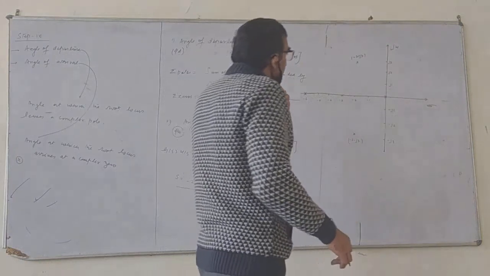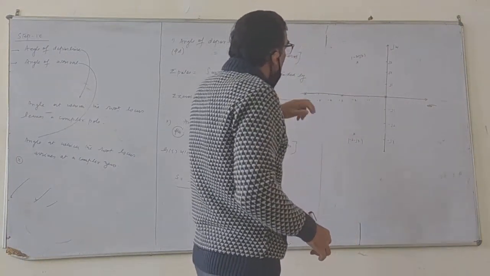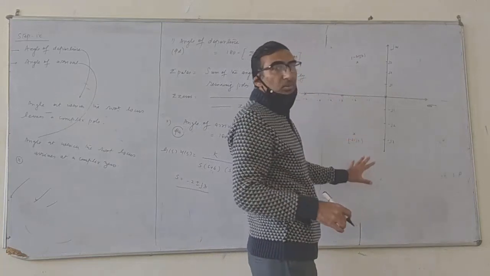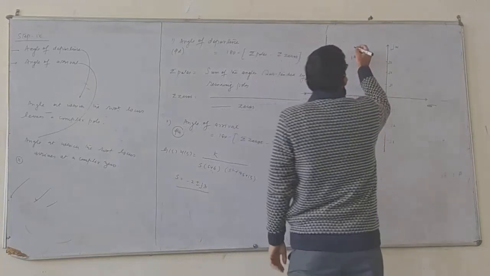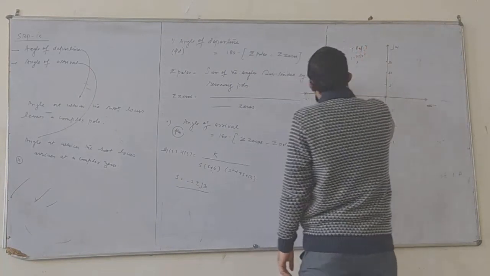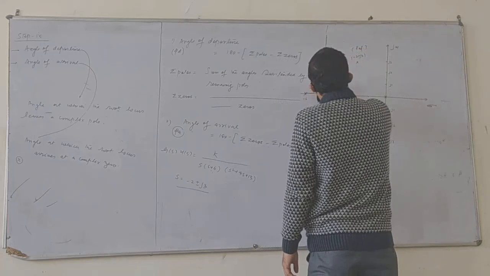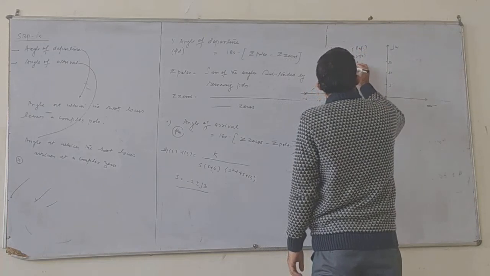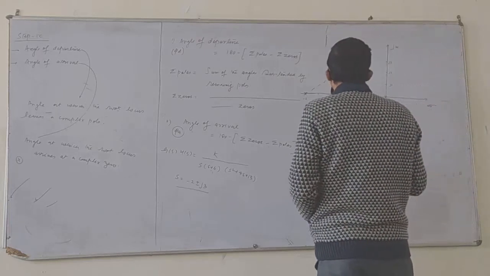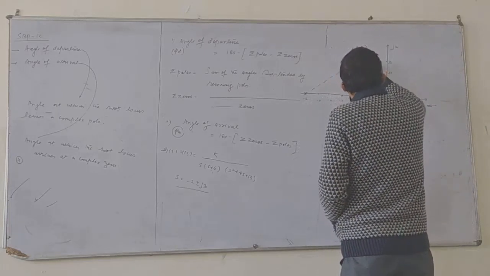So in this case, what we have to do is draw the lines connecting to the other poles. This is the reference complex pole. So number 1, we will be drawing to this. Draw a line which is connecting to the other poles. Number 1 is this. Number 2 is this.